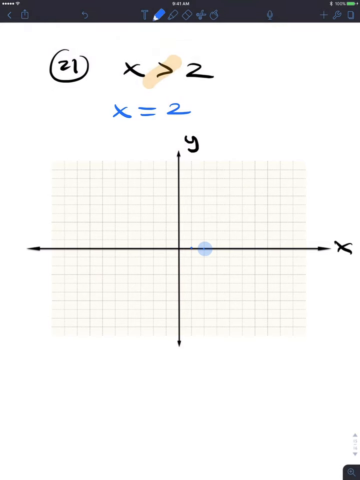What that means is we have a vertical line through the x coordinate value of 2. It's dotted because we have a strict inequality.